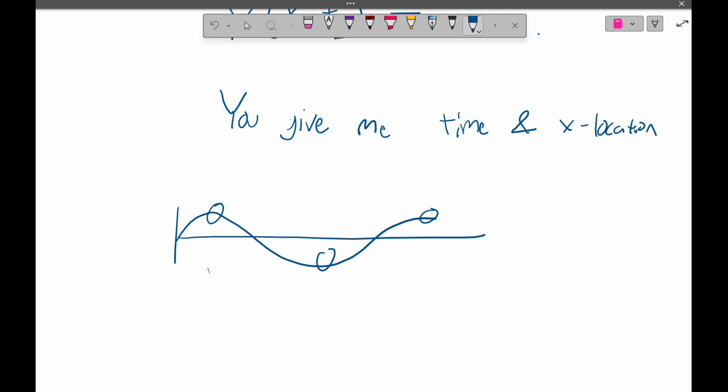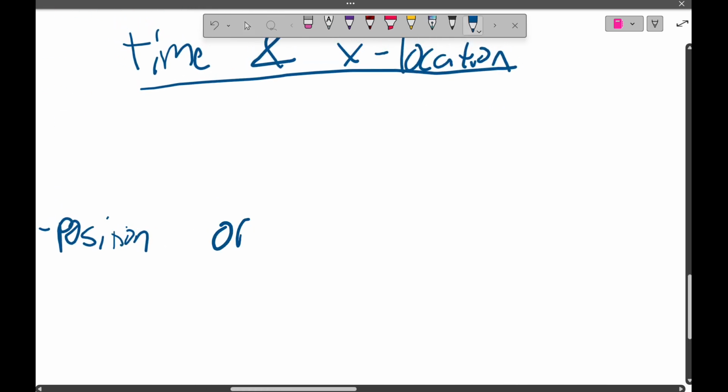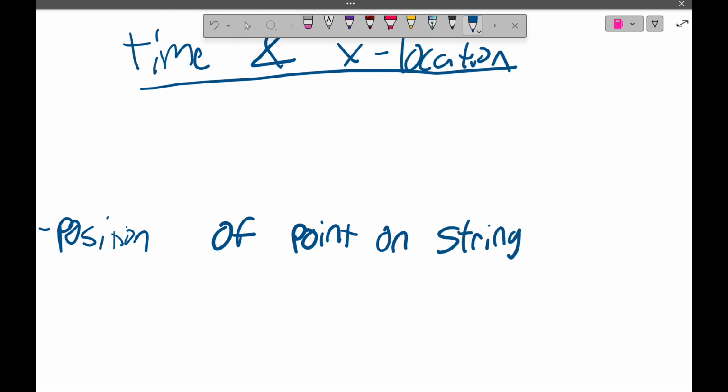Because it's not just standing like this, unless you're talking about standing waves. It's traveling through and oscillating. So you give me time and x location along the string, I give you the y position, or height, of the point on the string.